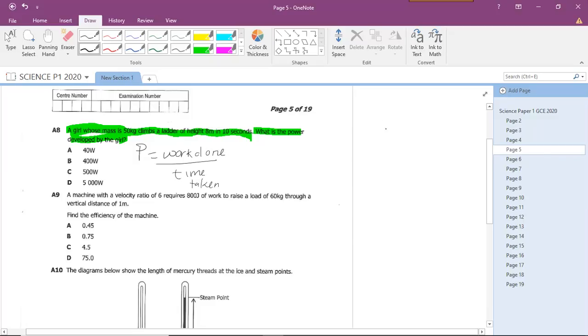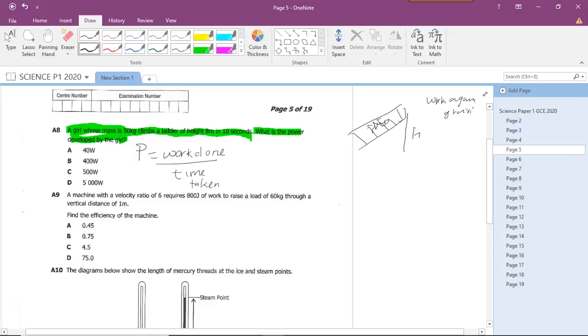And since she's climbing up a ladder, that's height. So there's the girl. Sorry for this drawing. Since she's climbing up a ladder, she's doing work. What type of work is she doing? She's doing work against gravity.